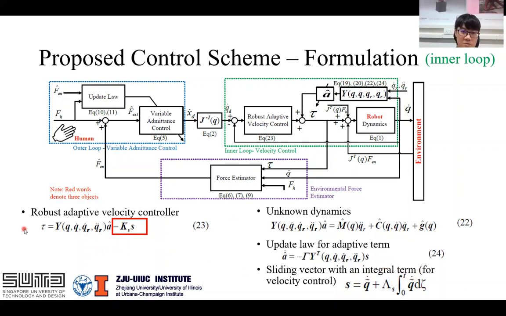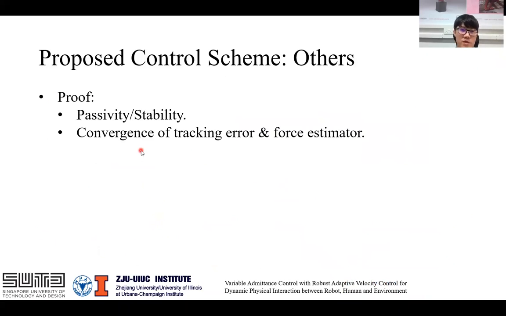Since the robust adaptive velocity controller can be designed in a traditional form, it's quite easy to prove the stability and passivity. And also, it's easy to prove the convergence of the tracking error and force estimator. So if you are interested in more details, do check our paper out.